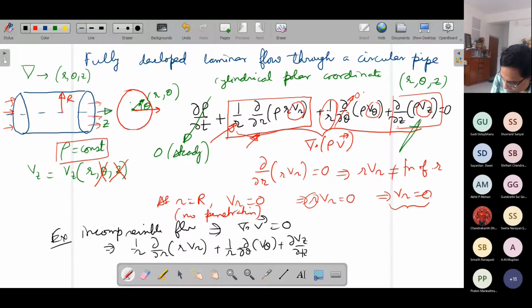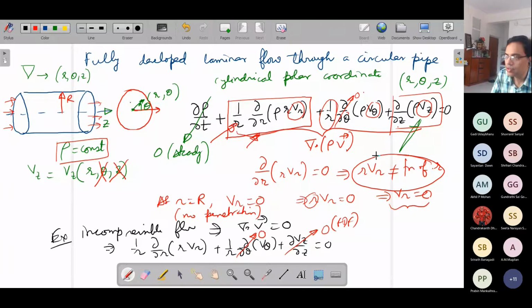By common sense, if this is divergence of rho v, then this is divergence of v, only rho is not there. Now if we put up our definition of fully developed flow, theta independence, from here we can conclude the same thing: R into Vr not a function of R.